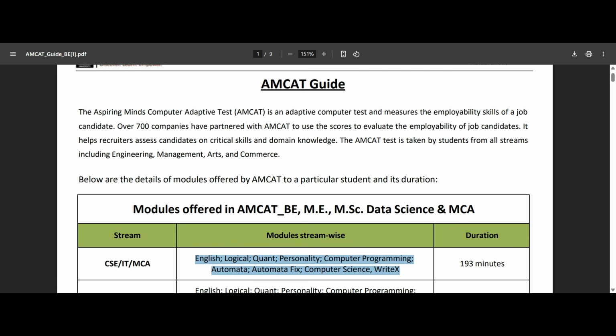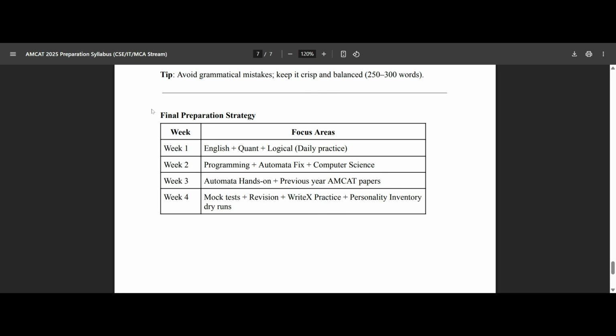So lucky for you, I have created a proper strategy which can help you cover the whole syllabus within just 4 weeks. In my today's video, I'll be covering the topics which are under week 1, that is English, Quant, that is quantitative aptitude, and logical reasoning or logic.